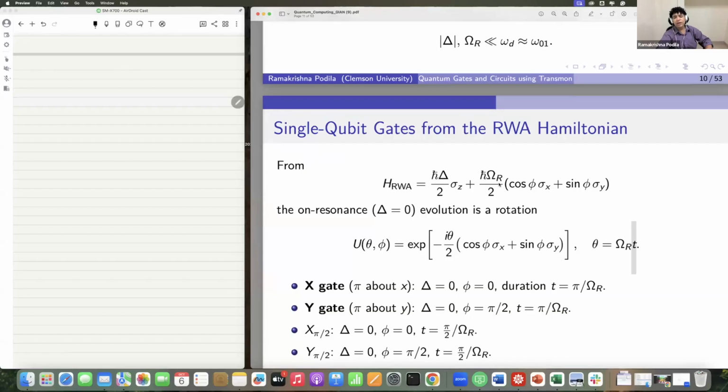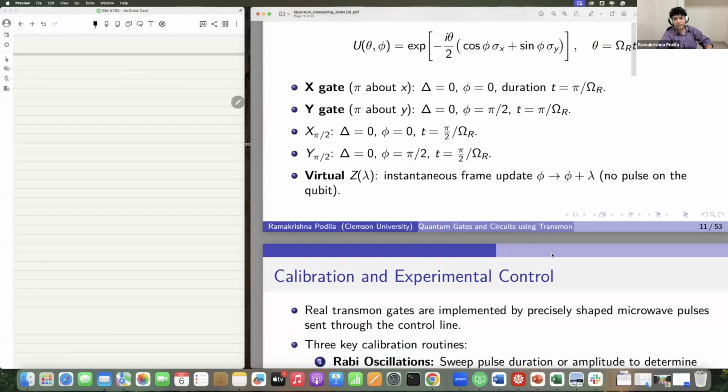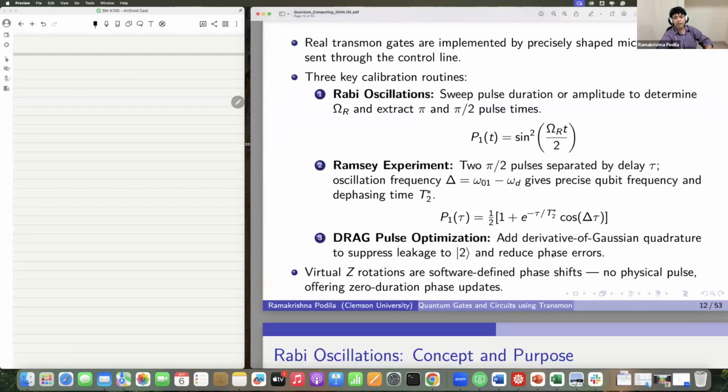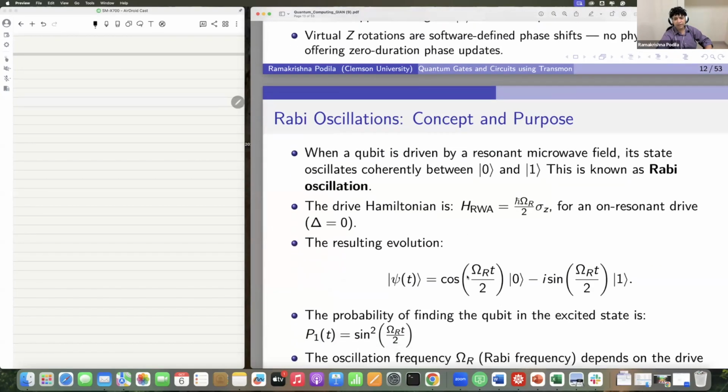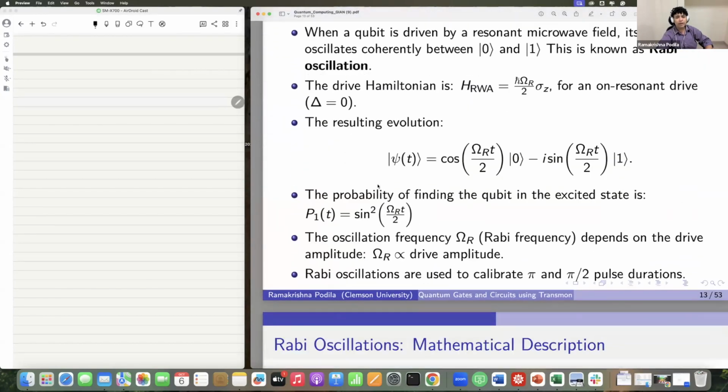So we are basically using this to do the oscillation between 0 and 1, and at any point of time, psi is given by this kind of linear combination.